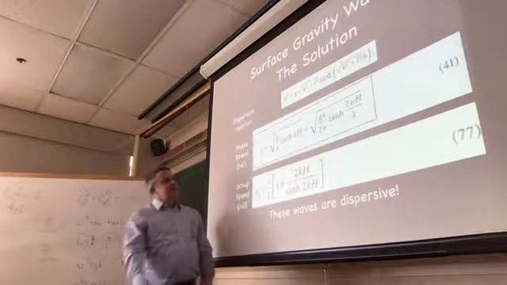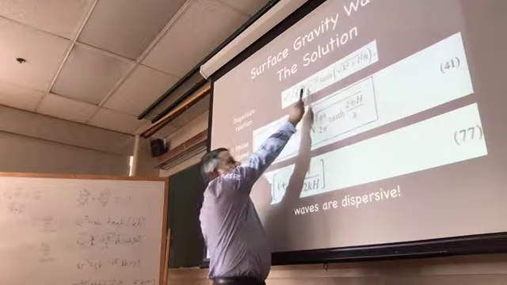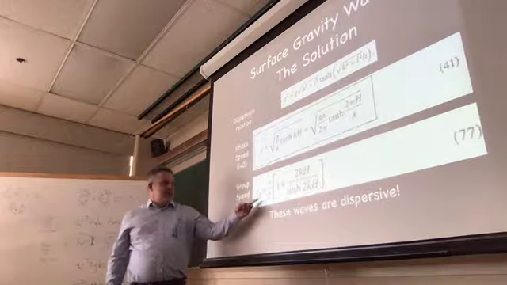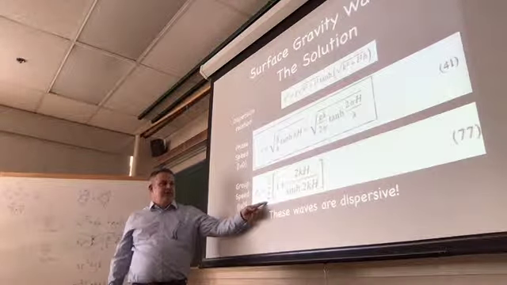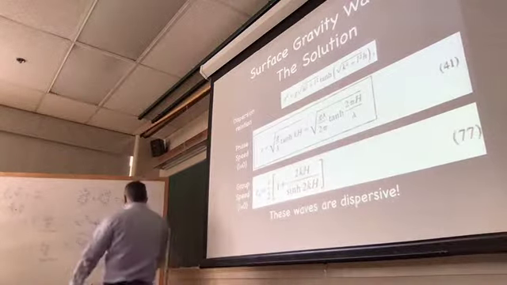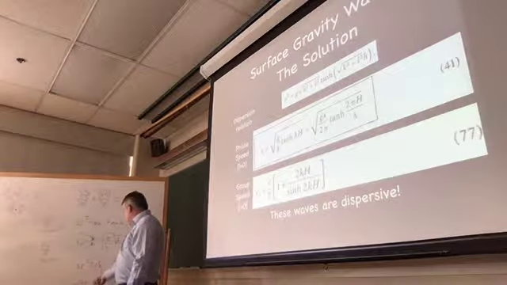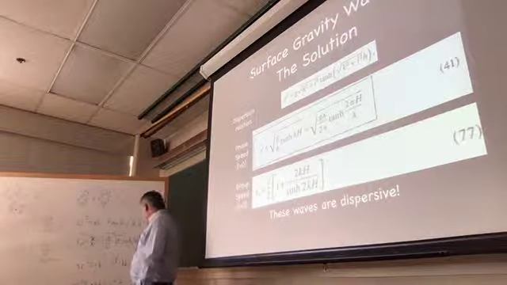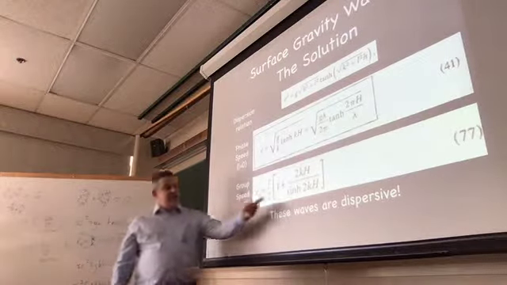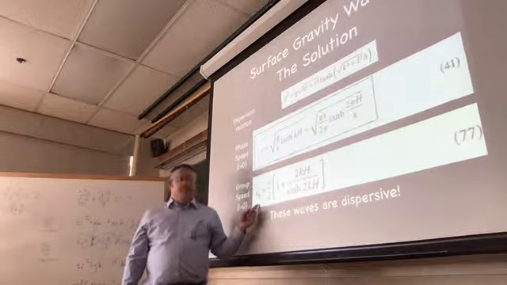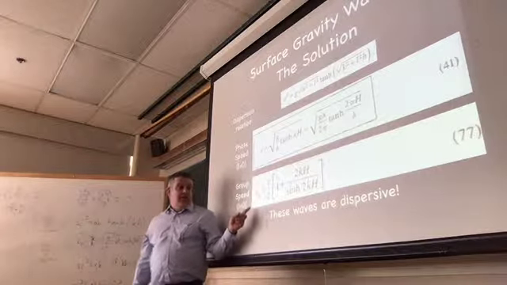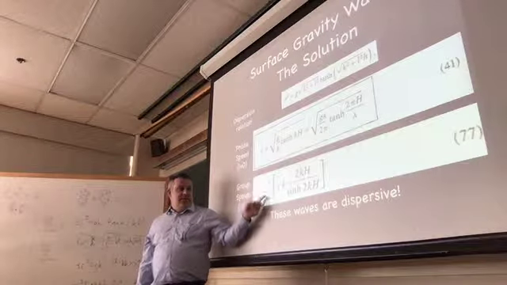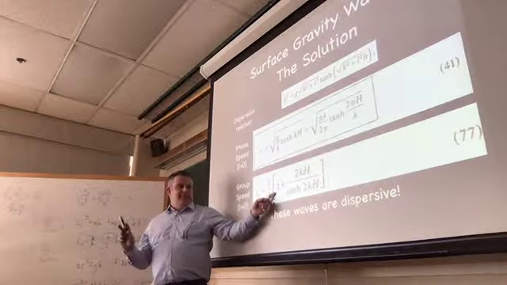In the limit where this is g k squared h, what's this one? Sorry, so this is this guy, the non-dispersive one, kh much, much less than 1. So if kh is much, much less than 1, what's the group velocity? C. So this one is 1, that one's easy.